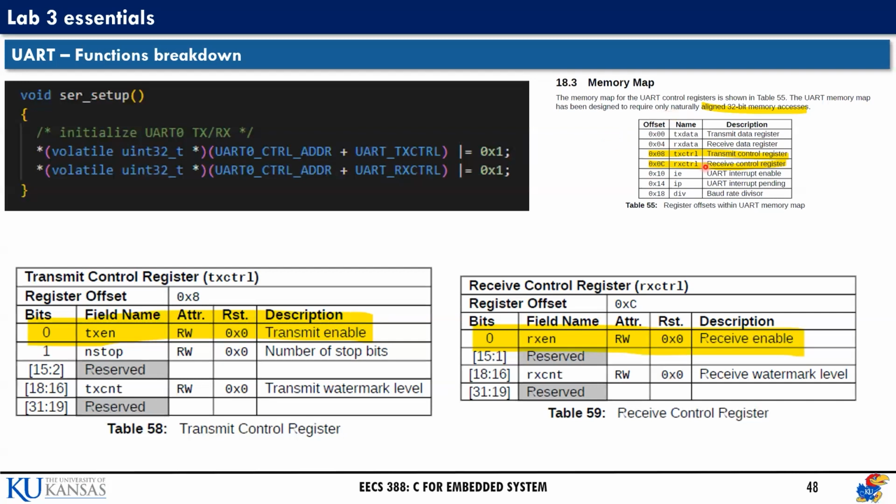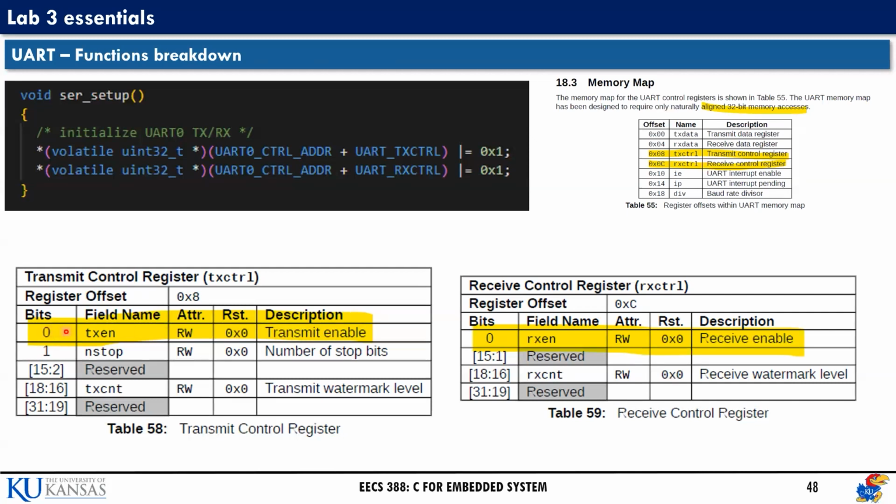Now, if you want to transmit data, we first have to enable the control signal of the transmit control register. As you can see here, we have table 58 for the TXCTRL register, and bit 0 is basically for transmit enable.